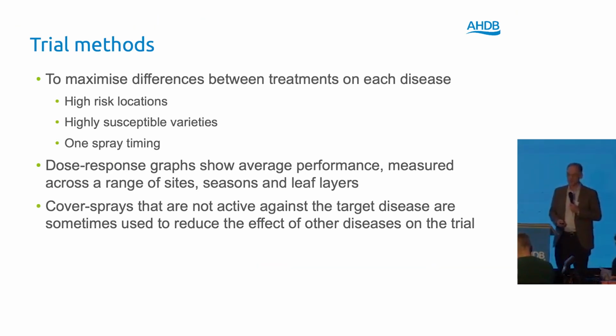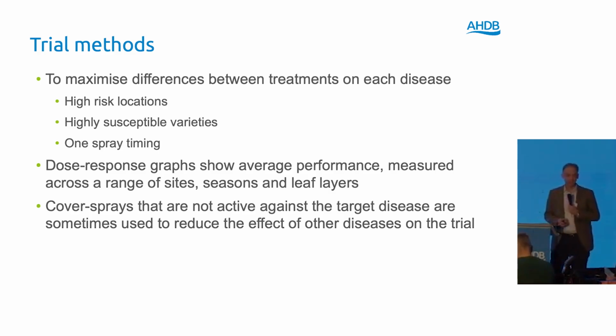Each year we choose high-risk locations for the target disease, highly susceptible varieties, and spray just once, either at a quarter, half, full, and double label rate to give us a dose response.